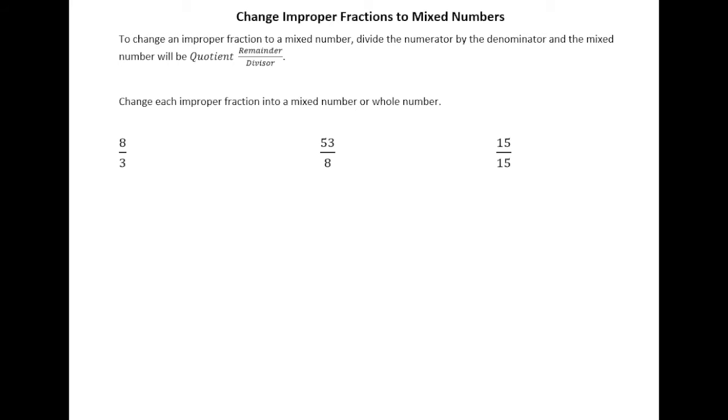Now up at the top here I give a general rule for making this change. But before we get into that rule at all, I just want to draw a picture so we have an intuitive understanding of what's going on. So when I take 8/3, I need to have wholes that are broken up into 3 equal pieces.